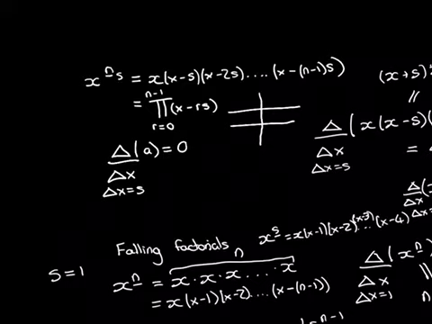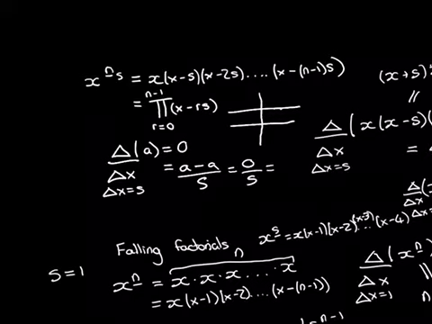So of course the change in y is always going to be equal to 0. So the gradient, no matter what the difference is, no matter which position you are at, is always going to be equal to 0. And you could plug this in: a minus a over s is what you get. So you get 0 divided by s, which is just equal to 0, provided s is not equal to 0.